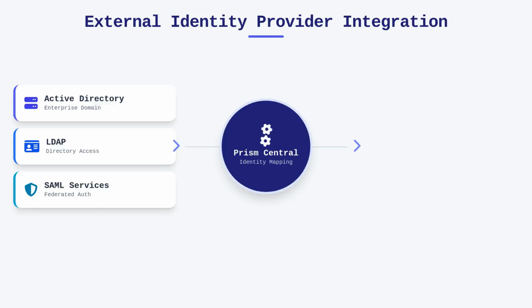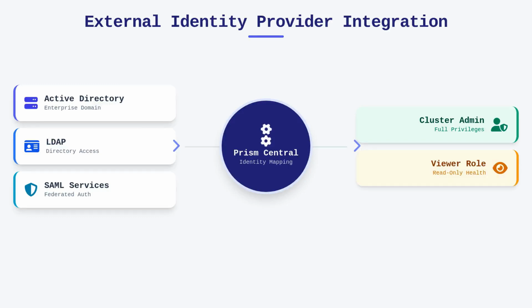This architectural choice ensures that when an employee leaves the organization, their access to the Nutanix environment is revoked automatically upon the expiration of their directory account. During this integration process, it is standard practice to map these external groups to specific internal roles within Prism. For instance, an Active Directory group might be assigned a viewer role, providing read-only access to cluster health metrics, while a separate group might hold cluster administrator privileges.